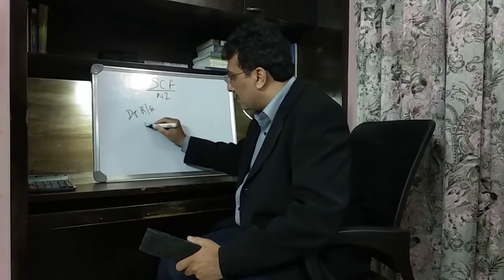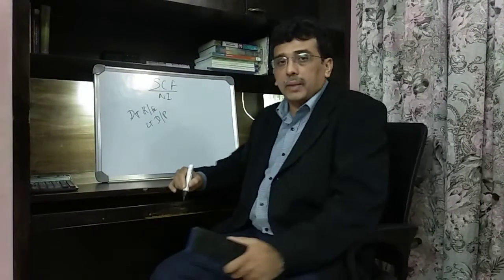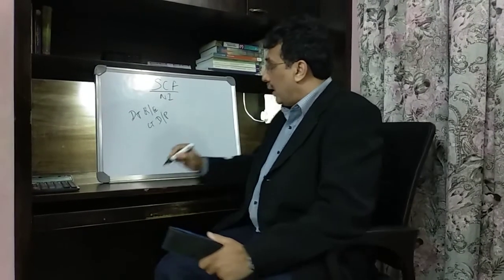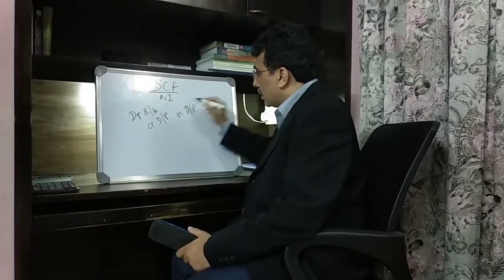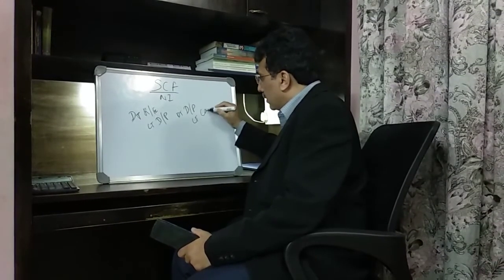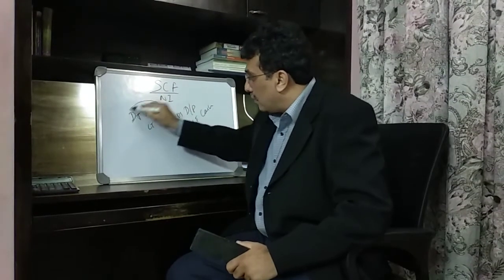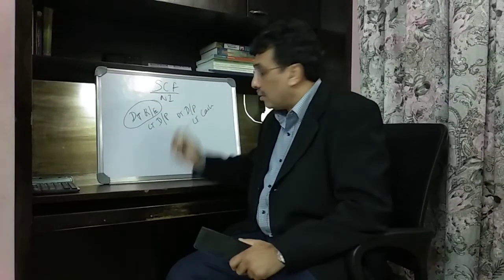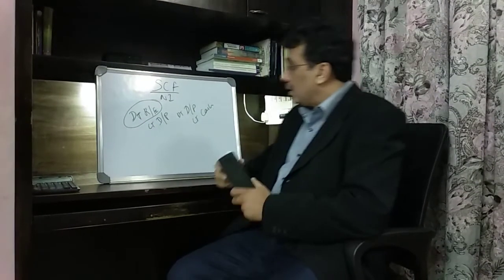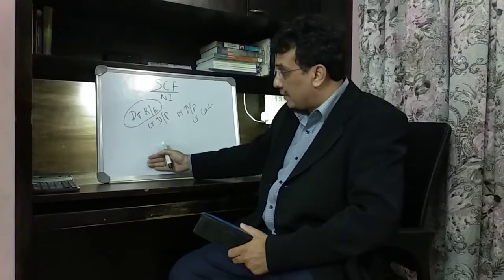Debit retained earnings, and you will credit a liability account, which is a dividends payable account, right? And thereafter, at the time of payment, it will be debit dividend payable, credit cash or bank. Fine. So if you notice, we are not debiting the income statement for dividends paid to own shareholders, right? So that's the reason this is classified under financing activities.